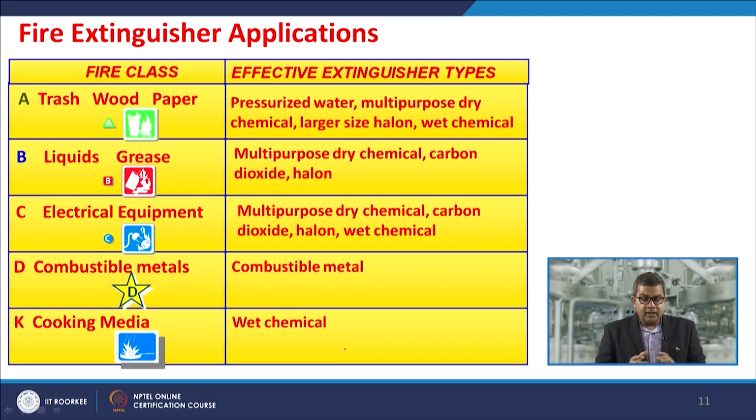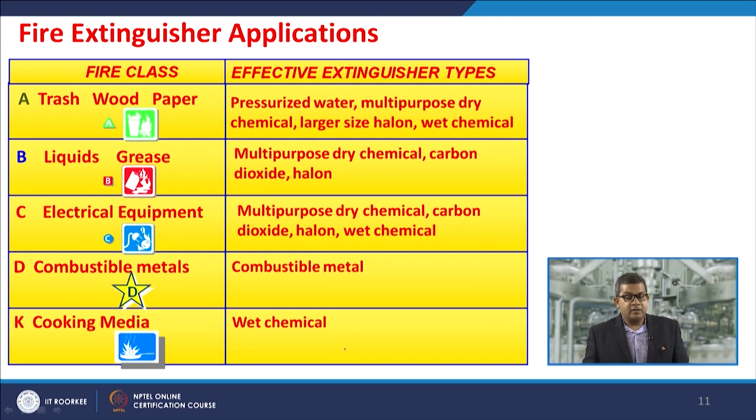Now, in a nutshell, you can see in this particular slide the different classes of fire and effective extinguisher types. That means you can have an idea of the different applications of these fire extinguishers.